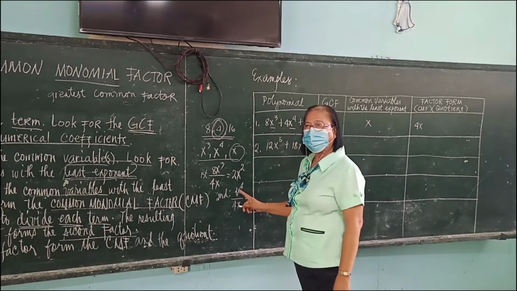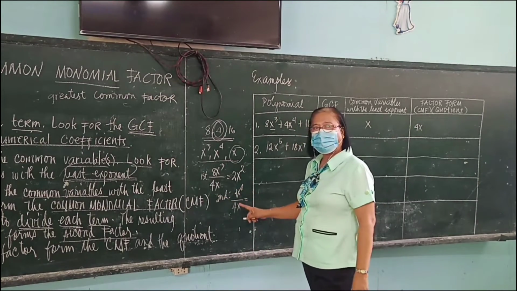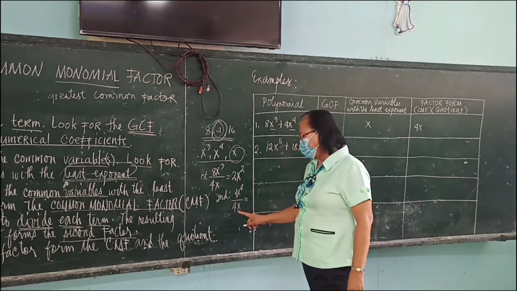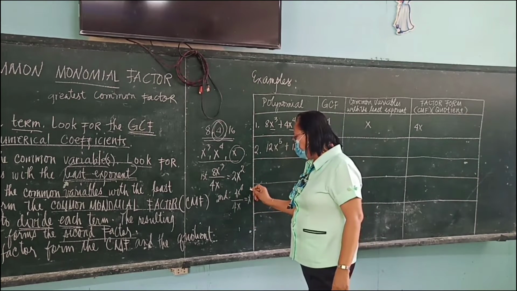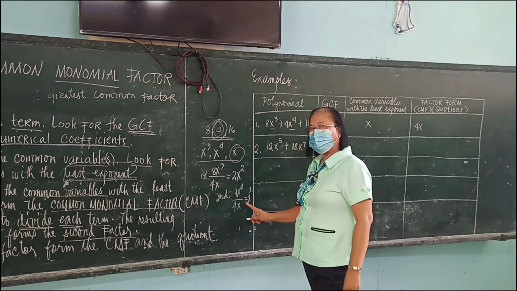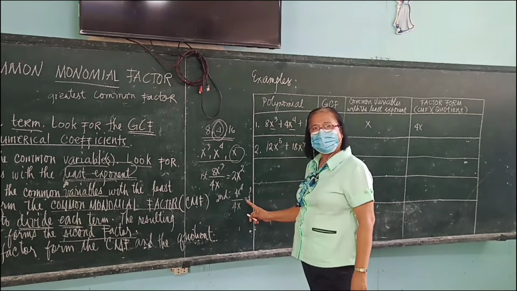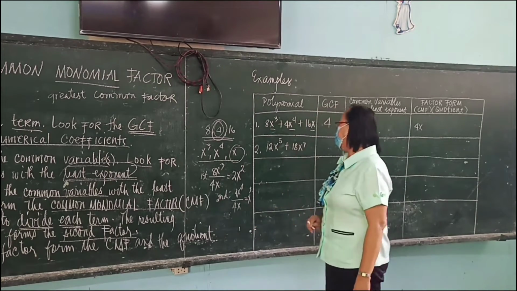Then you subtract the exponents: x to the 4th divided by x is equal to x to the power of 3. No need to write the 1 because it is understood that x has a numerical coefficient of 1.